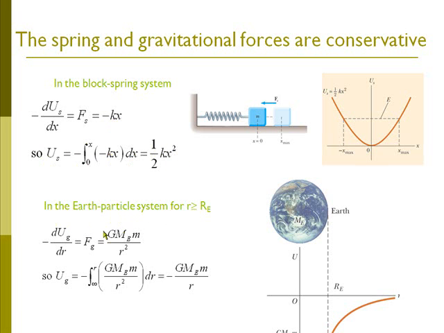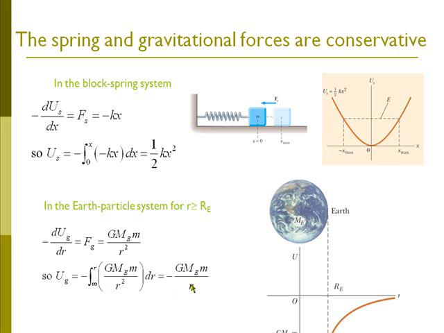In the Earth-particle system, the negative of the derivative of gravitational potential energy with respect to r, of course, gives us the force of gravity. And so when we integrate both sides, we get an expression for the gravitational potential energy with the condition that now our reference energy, zero energy, will occur an infinite distance away.